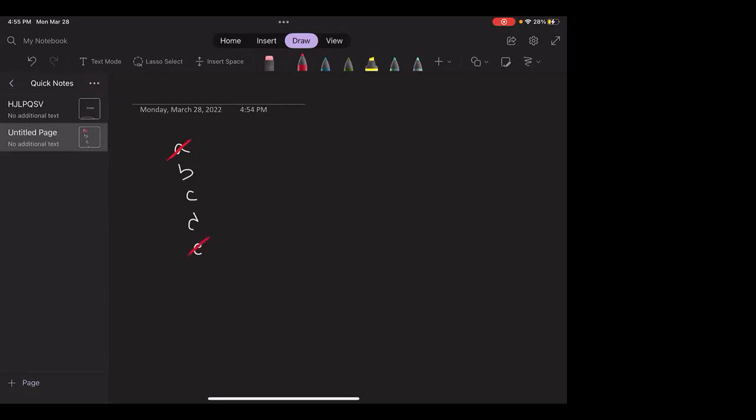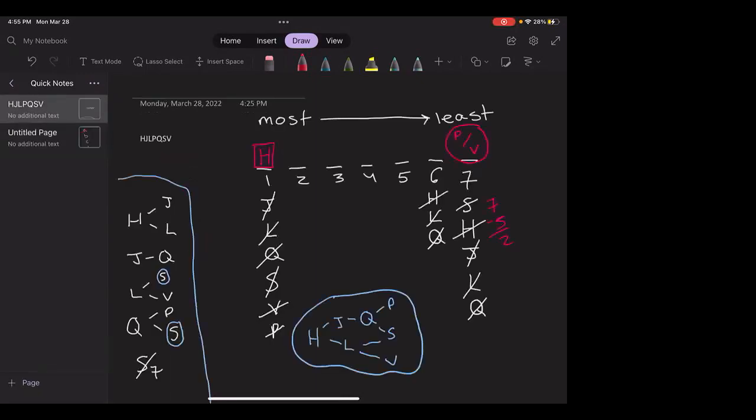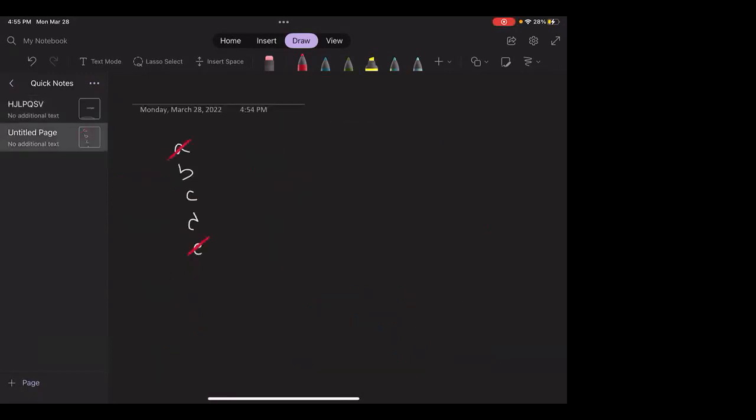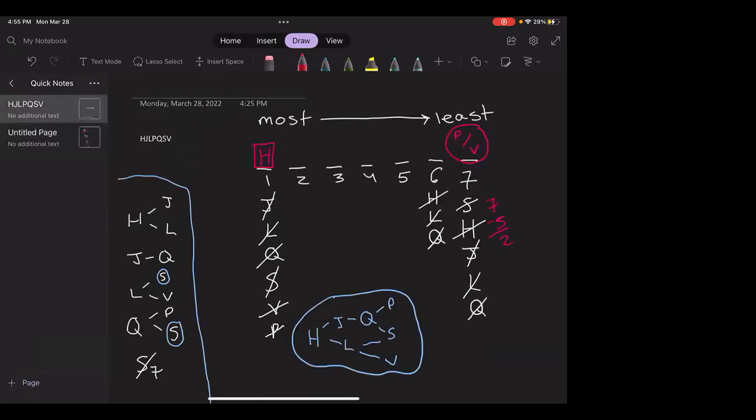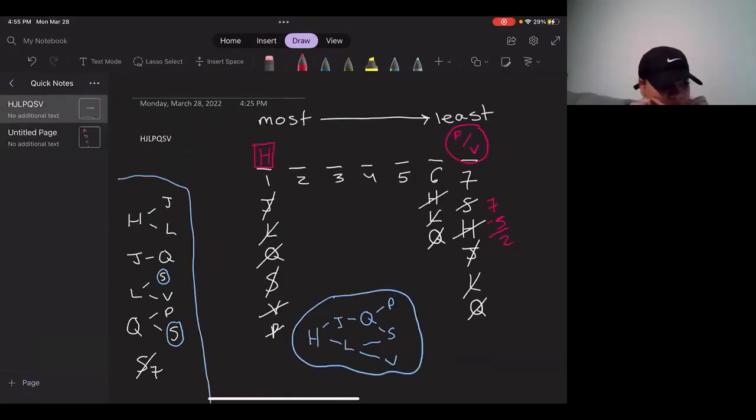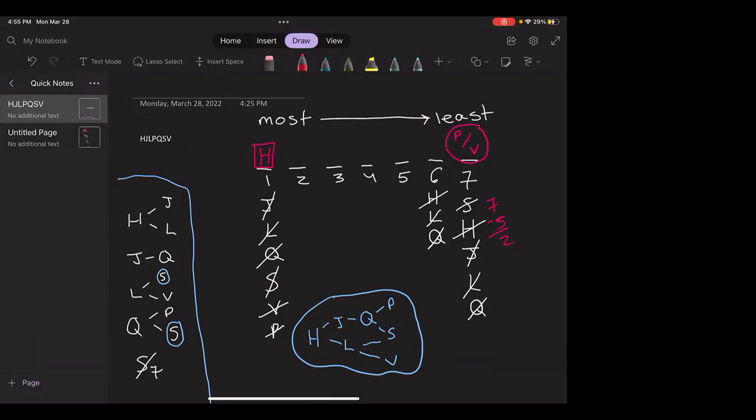So that's what we know from our inferences, which really help us. Then you can go back to the rules or conditions or even your chain, if that helps. The next thing I would look at is that J and L are after H because of the first condition.